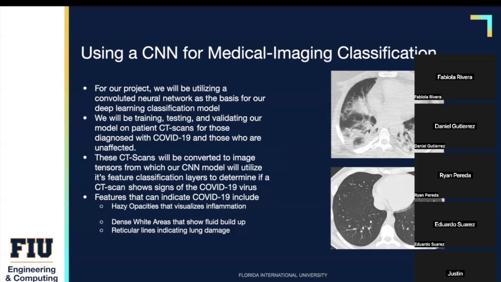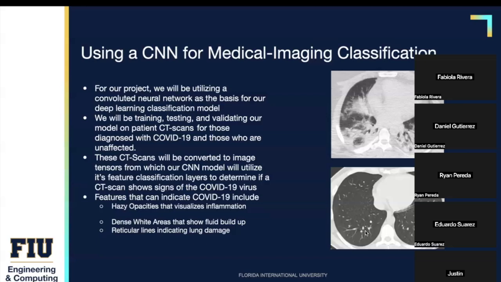COVID-19, a coronavirus that targets the respiratory system, itself needs no introduction, as its wide-ranging implications on public health, the economy, and education have all affected us in some way ever since its first outbreak in 2020. These scans, like the ones shown on the right, where the top scan shows a positive test and the bottom shows a negative test, are first converted into image tensors, which you can think of as multidimensional numerical arrays, from which our model learns to identify critical visual indicators or features of COVID-19 in CT scans.